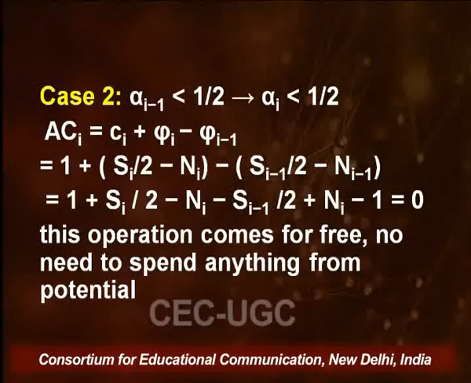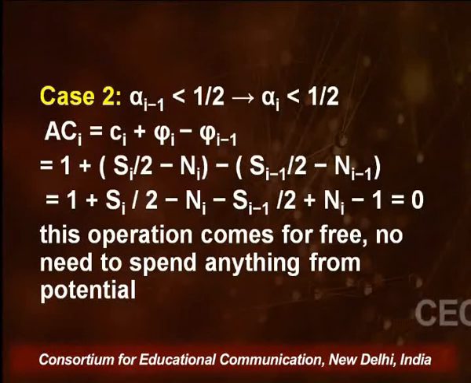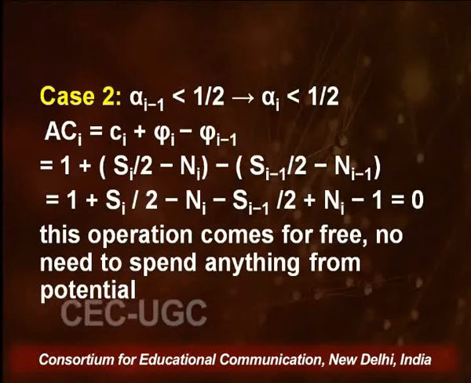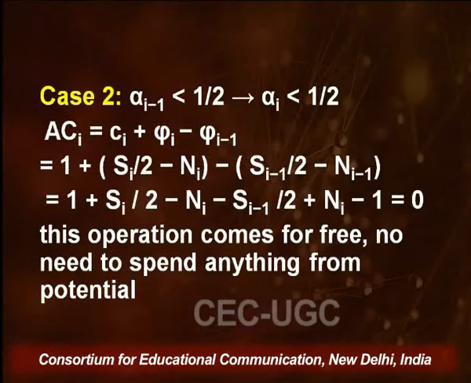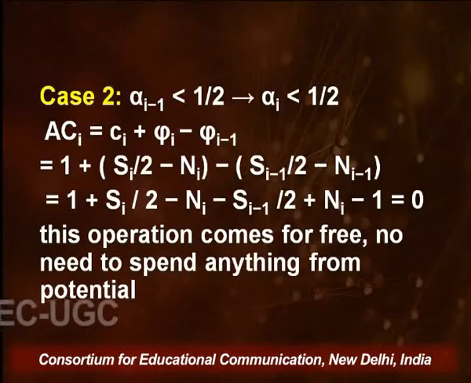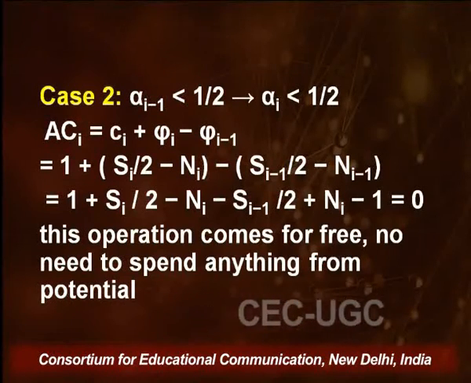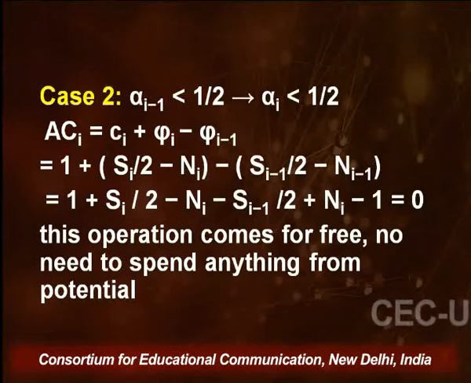Now, coming to the second case, in which alpha was less than 1 by 2 before the ith operation, which is an insertion as of now. So alpha i minus 1 is less than 1 by 2 and alpha i remained less than 1 by 2.